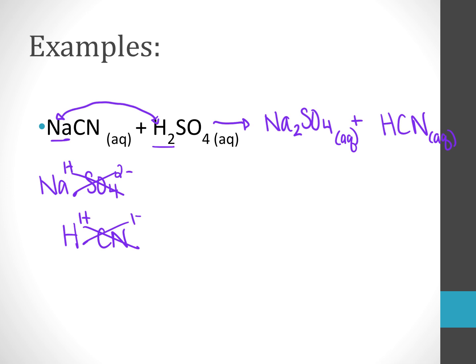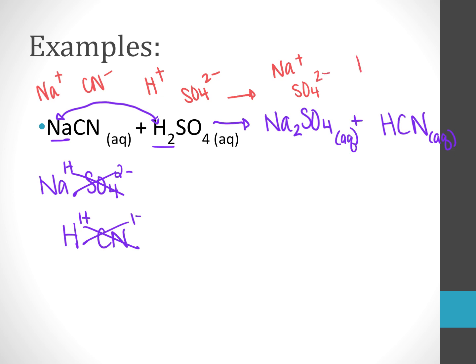Okay, let me show you what this looks like. So I'm going to start on the left. Sodium cyanide is aqueous. So that means when we put it in solution, it breaks apart and you get these sodium ions and these cyanide ions. Okay. H2SO4 is aqueous. So you get hydrogen ions and sulfate ions. Sodium sulfate is aqueous. So you get sodium ions and sulfate ions.